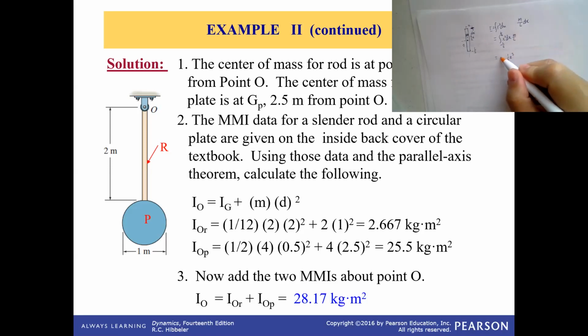The constant term goes in front of the integration result. Then you integrate from -1/2 L to positive 1/2 L. This is all the small m, either capital M or small m, depending on what's given.